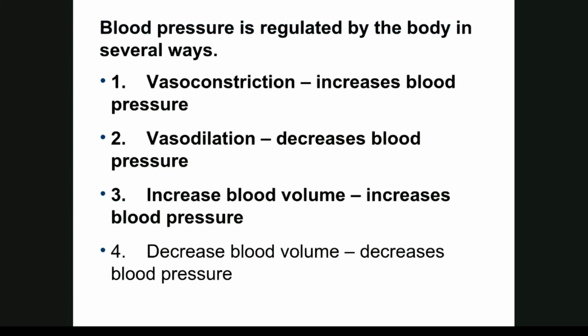So, vasoconstriction, just think about squeezing a balloon, causes increased blood pressure. Vasodilation decreases blood pressure. Increased blood volume increases blood pressure. Decreased blood volume decreases blood pressure. The body uses all these to regulate blood pressure. It's just really two things: change in the dilation of the vessel, change in the volume of the blood.